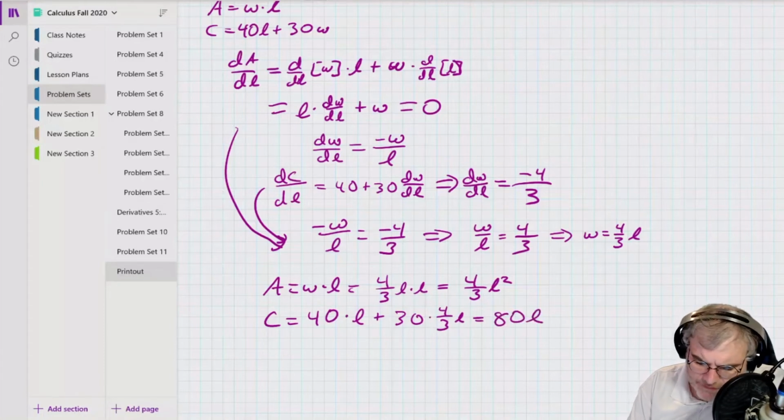Okay, so I sub these two into each other, which implies that L equals C over 80.